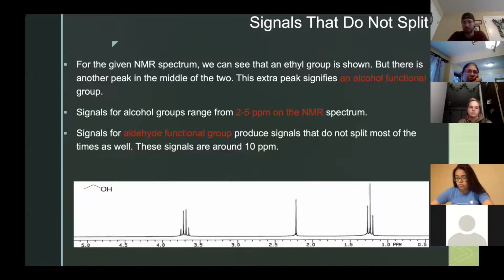In the spectrum on the bottom, the middle peak is just a single peak. That is the peak given off by the hydrogen in the alcohol group. And for aldehydes, you'll see a single peak as well, typically around 10 ppm. This will be good to know in the example that we do later.